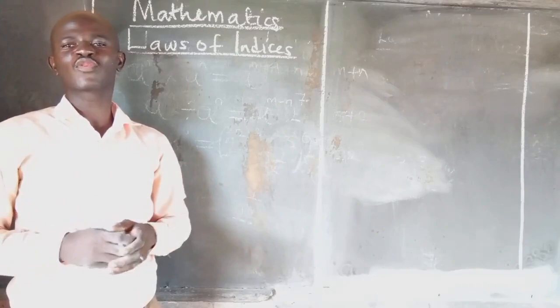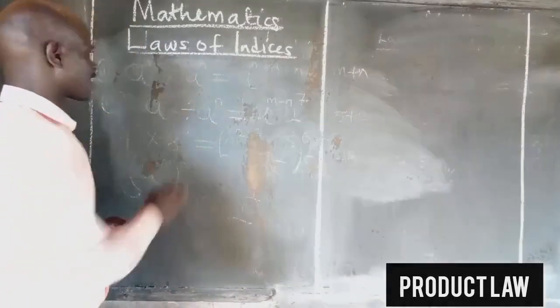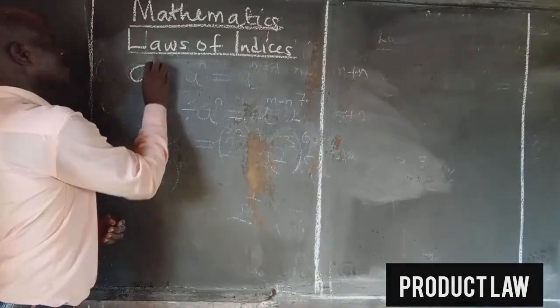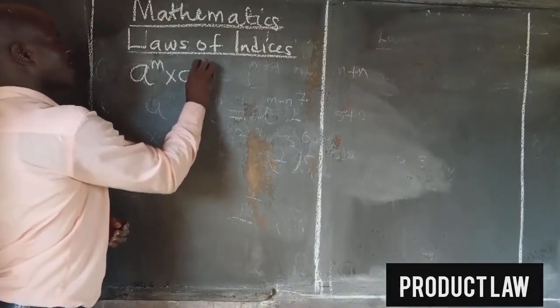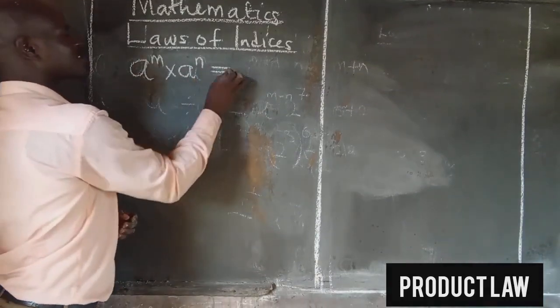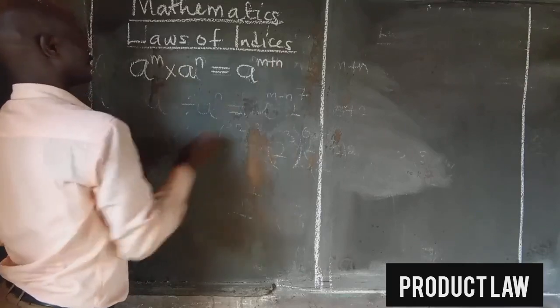The first one we want to consider is the product law. It states that if we have a raised to power m multiplied by a raised to power n, it will now be the same thing as a raised to power m plus n.